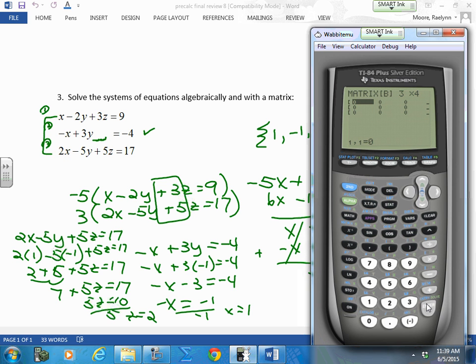So we enter in your coefficients. Watch your negative signs. And you don't have to go to the next row, it automatically goes for you. But you do have to enter a 0 in for a space holder for your Z value.